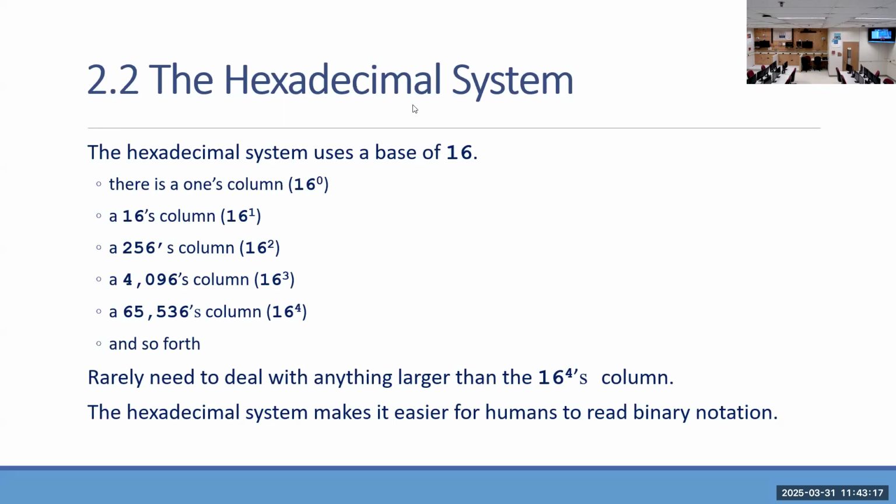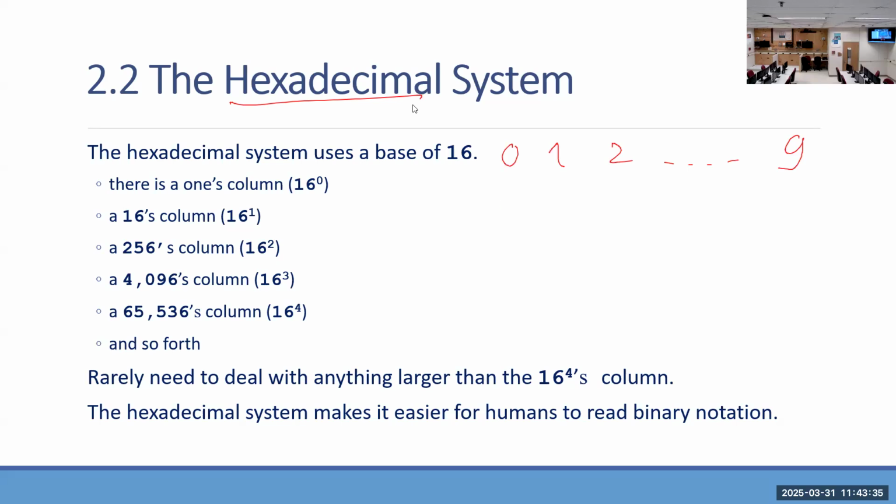Now we move to another system. Here is hexadecimal. Hexadecimal, hexa, that means 16. That means 16, right? So for 1 digit here, you have 16 values. So everything from 0, 1, 2, come over to 9.